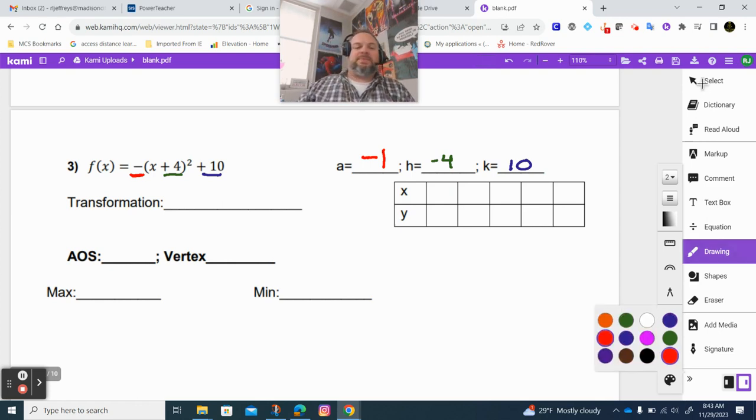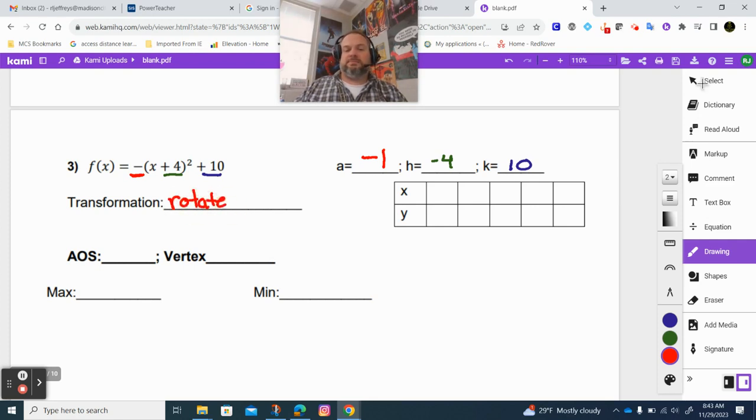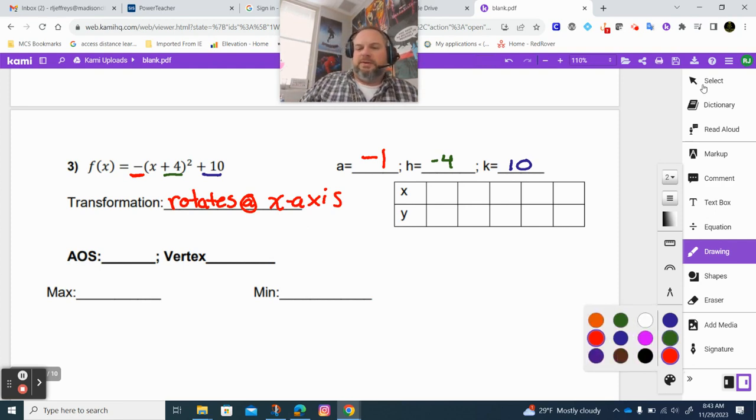All right, so with our A, if we have a negative, you could say it rotates. That basically means it goes, whoop, just flips over.